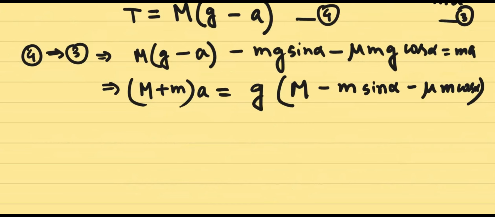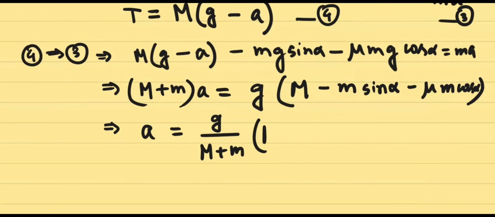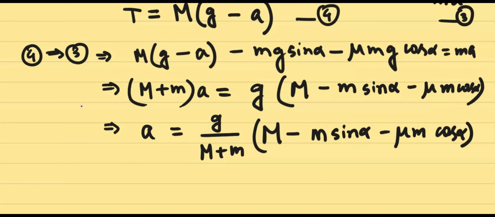Finally, we have a equals g divided by capital M plus small m, times capital M minus small m sine of alpha minus mu m cosine of alpha, which is the acceleration of the system.